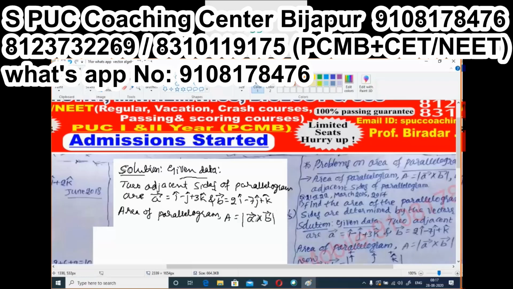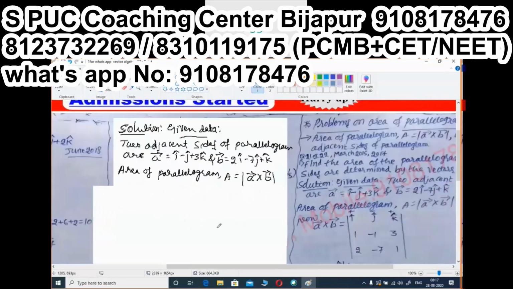Just you have to find A cross B and then its modulus, that will be the required area of the parallelogram. Yes, finding A cross B is the most important aspect here. So now we shall find A cross B, which you already know well.